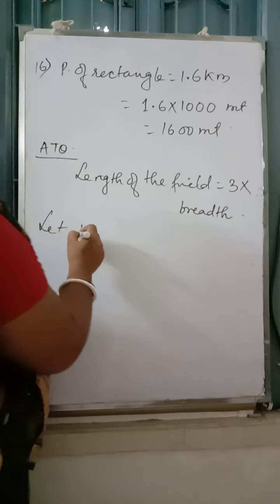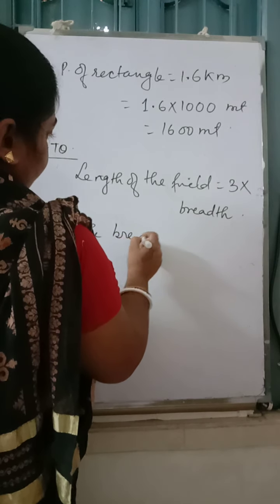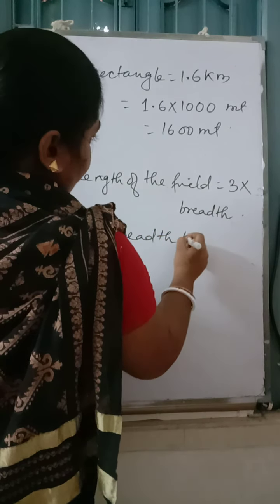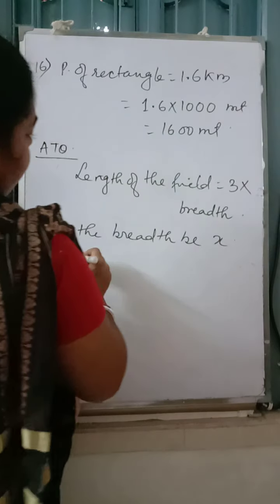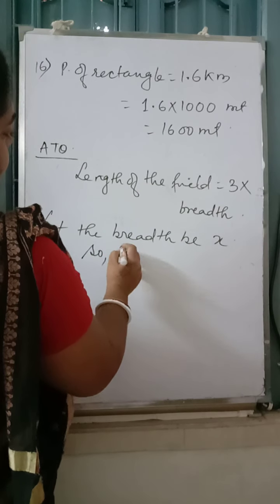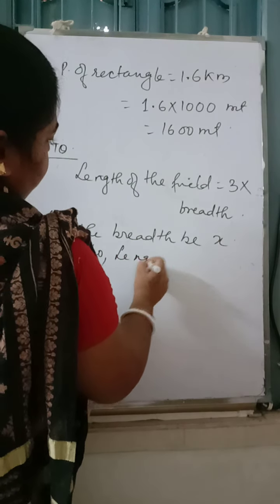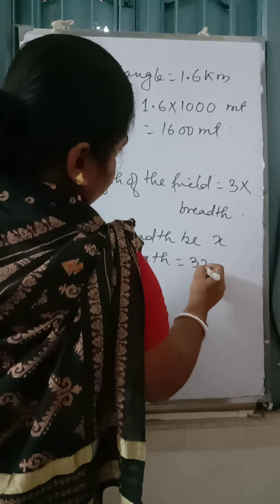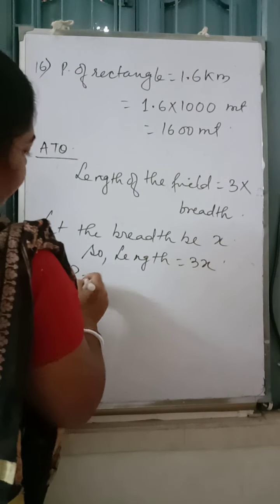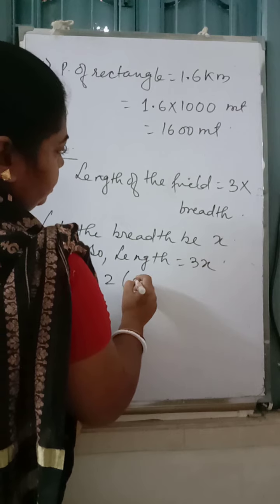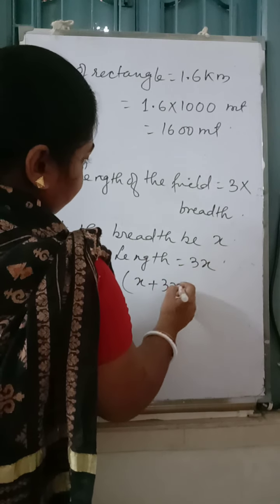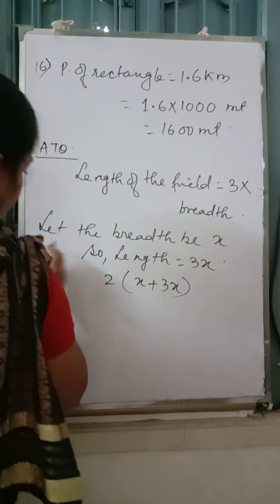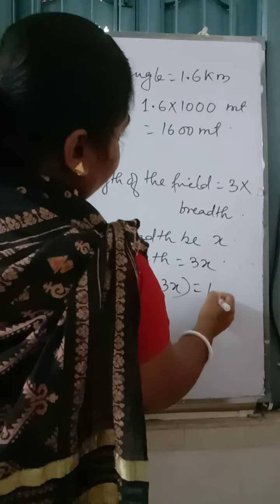Let the breadth be x, so the length would be 3x. So what will be the perimeter? 2 into (x plus 3x) is equal to 1600 meter.